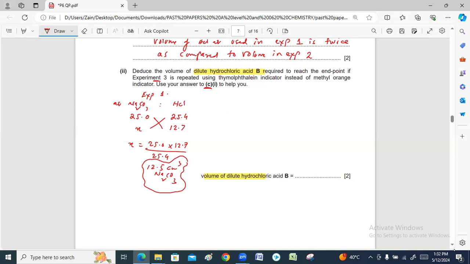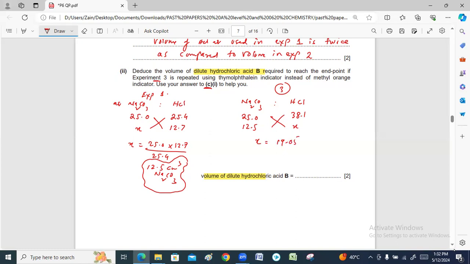Now, if we compare with B, sodium carbonate with HCl for experiment 3, 25.0 was neutralized by 38.1. So if we have 12.5, then we'll get the answer 19.05.